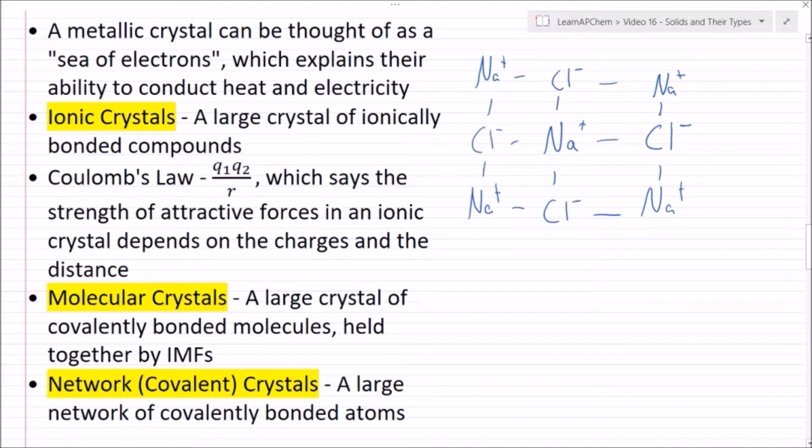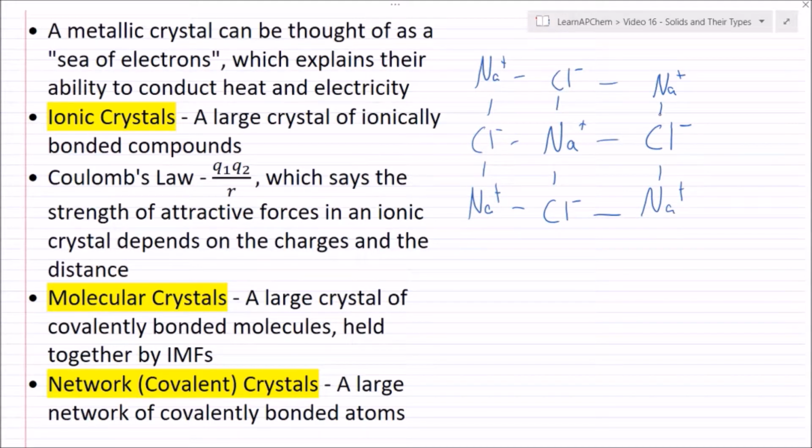Note that this is the strongest type of solid because these ionic bonds are so strong. One thing you should know is Coulomb's law, which is Q1 Q2 over R, is the attraction.